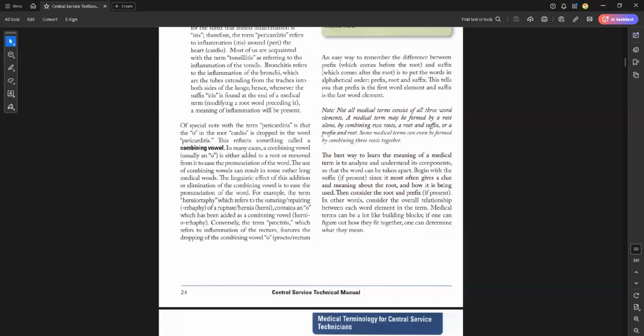This is just to make it very easy to pronounce or to write. We'll be seeing some examples. So, of special note, with the term pericarditis is that the O in the root, cardio, is dropped, as you can see.